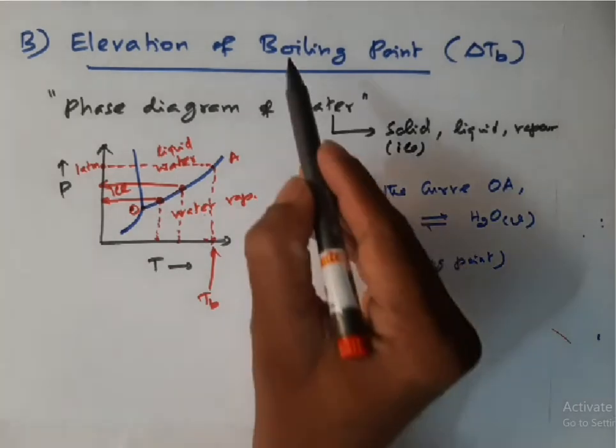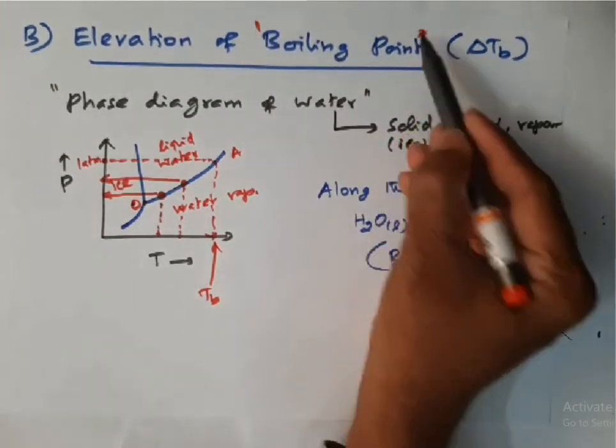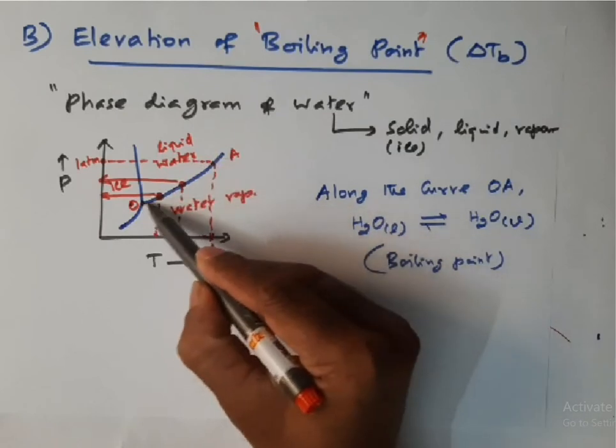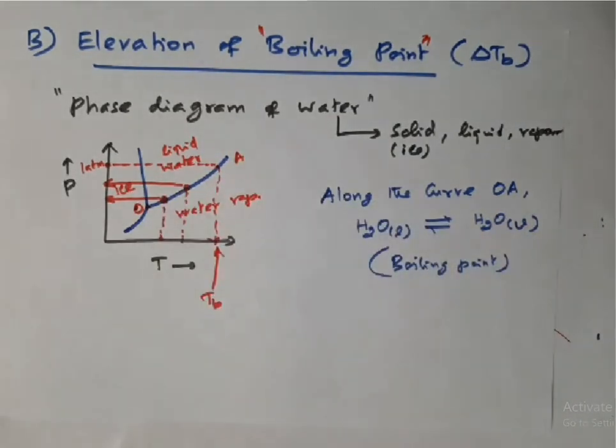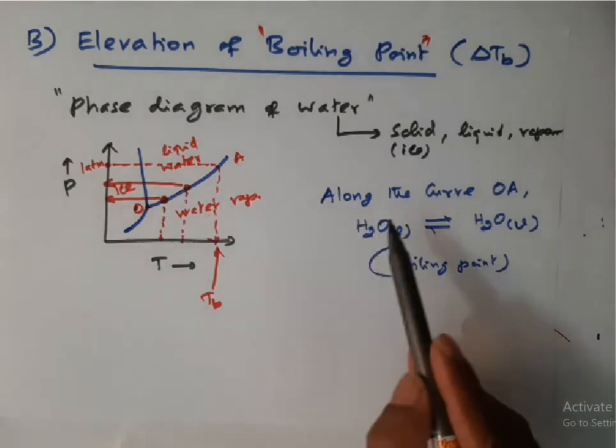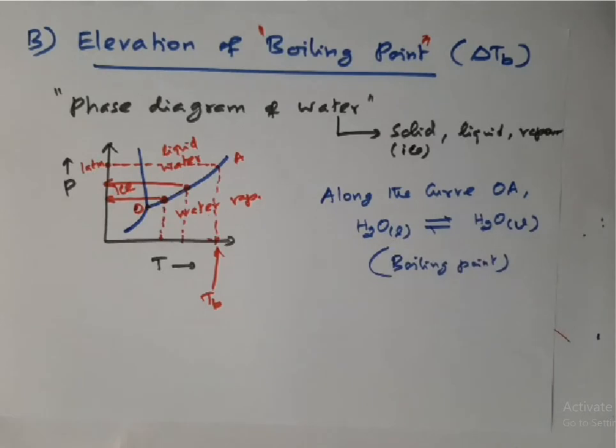Now we are going to talk about elevation of boiling point. I am going to consider the curve OA alone for our discussion. Why? Because along this curve, liquid water and water vapor are in equilibrium at all points.